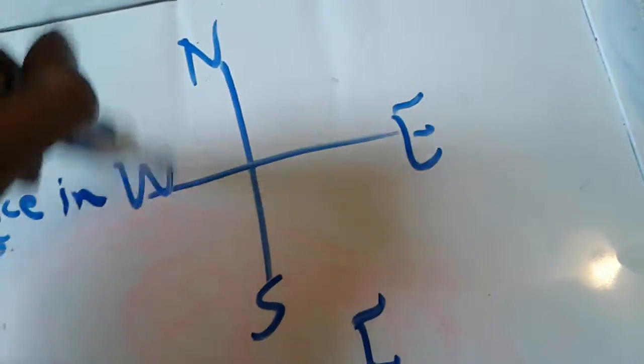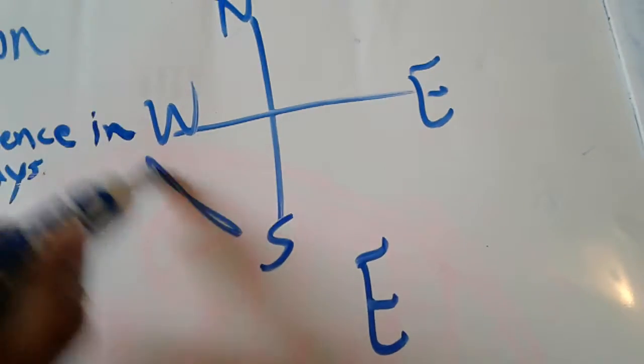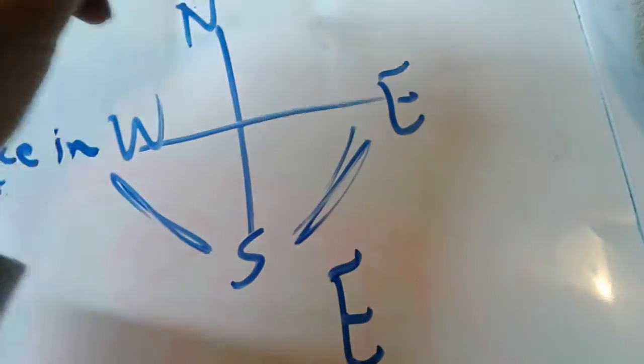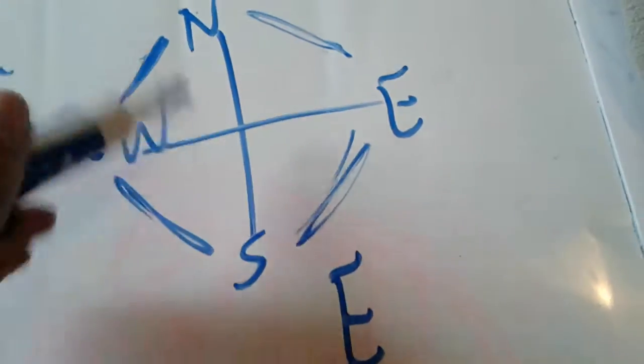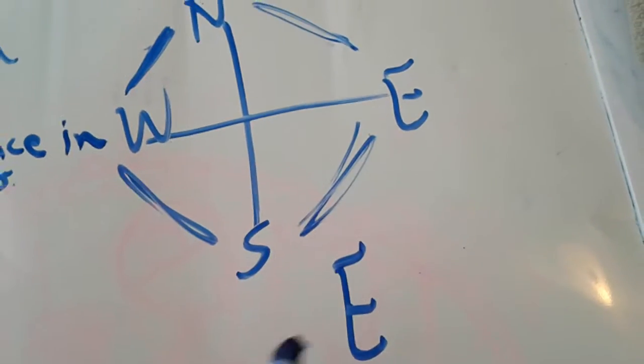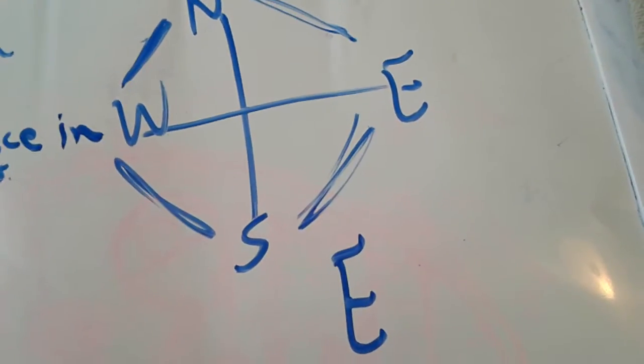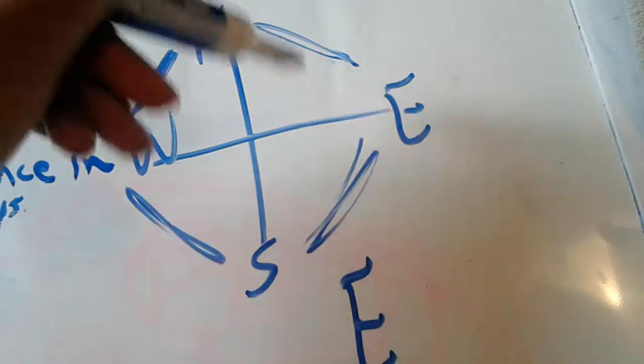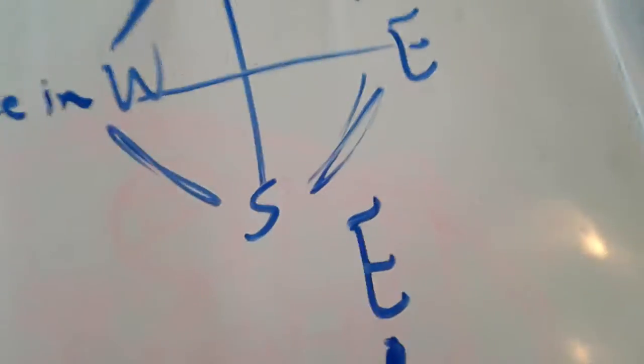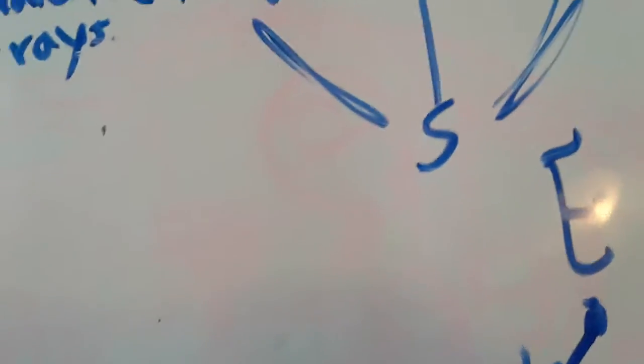We have directions north, south, east, west. And what we can do, we can generalize the direction by doing values in between these directions. And the order doesn't really matter. Whether we're going from east to north or north to east, we've kind of gotten our point already.